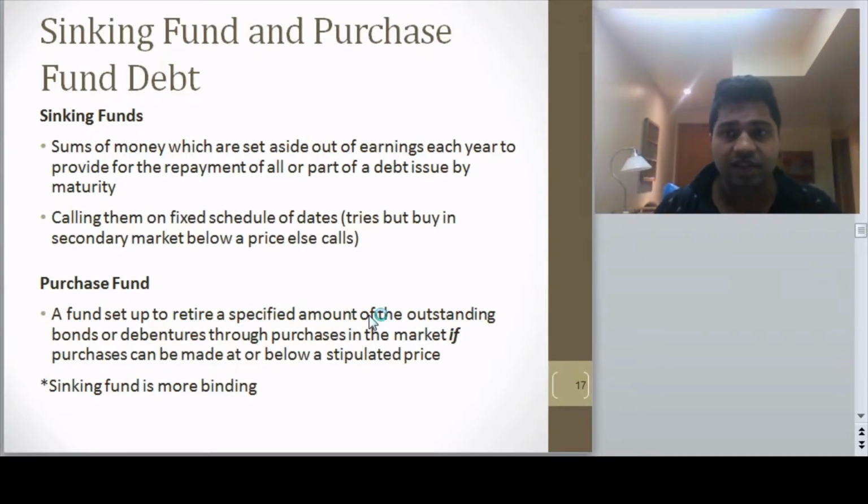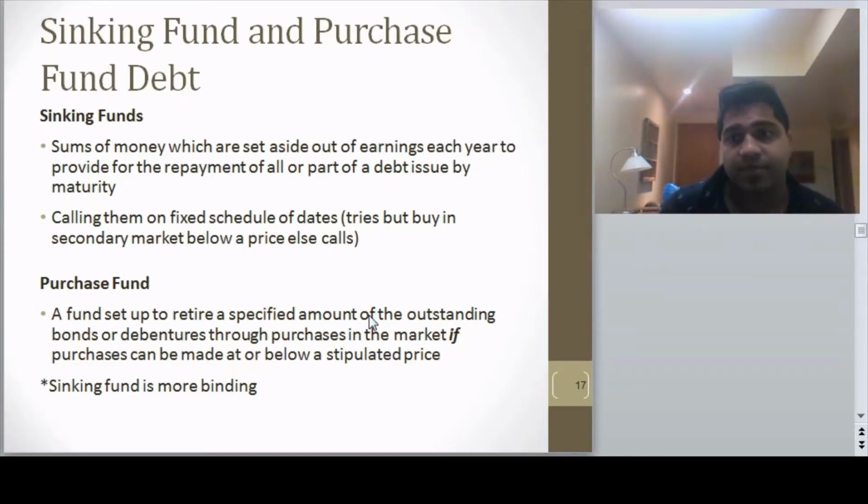How is the money accumulated? Each year from earnings, a certain amount is set aside, and these earnings go into these accounts, sinking and purchase. Now the difference is, the sinking fund tries to buy the debt that the company has issued in the open market if it is below a certain price, but if it is not able to buy that debt, it will issue a call option.